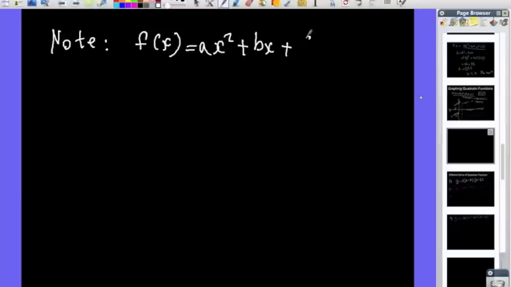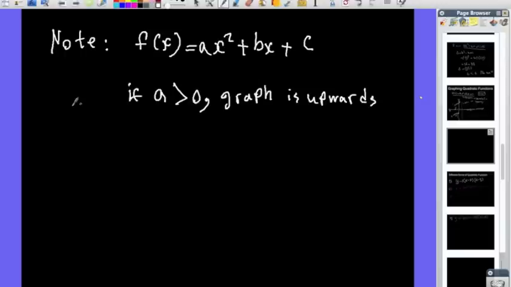There's some notes that you should know. Note: if f of x equals ax squared plus bx plus c, if a is greater than 0, the graph would go upwards, which means the graph would be something like this.